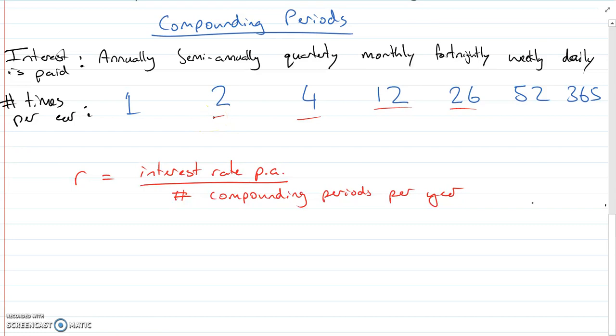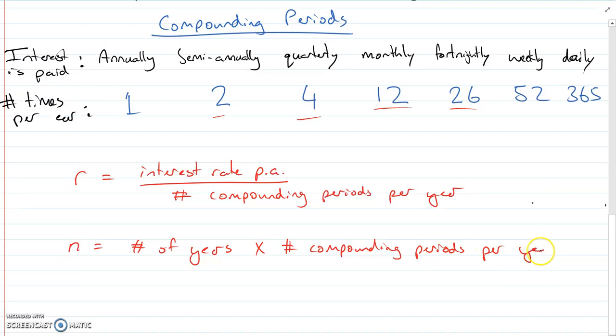If you're getting interest monthly, you divide your annual rate by 12. And also the number of compounding periods: you take the number of years and times it by the number of compounding periods per year.